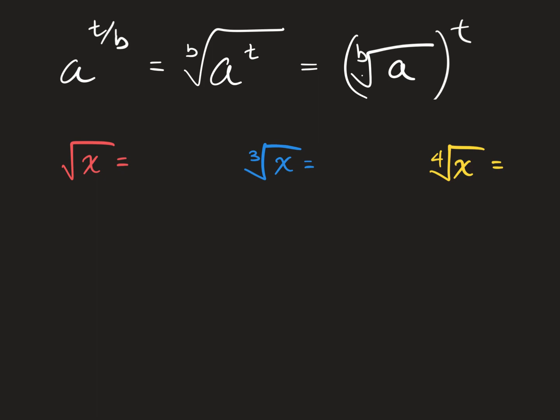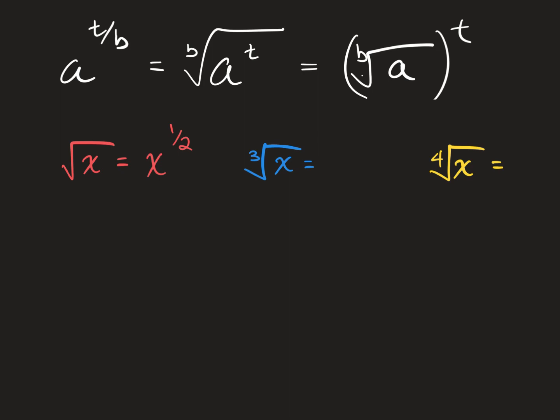Remember, there's a 2 in this root, and it has an exponent of 1. So we could rewrite this as x to the 1, because that's the exponent here, over 2, because that is the root here. So x to the 1/2 power is the square root of x.